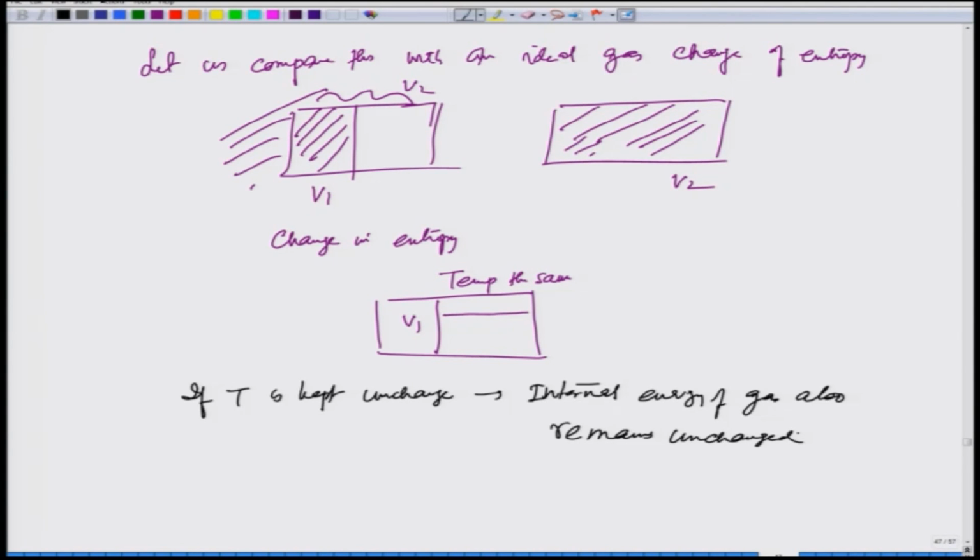And I leave it as an exercise for you to show that in this case, if you calculate the entropy change, you get S 2 minus S 1 to be equal to N R log of V 2 over V 1, where N is the number of moles and R is gas constant.